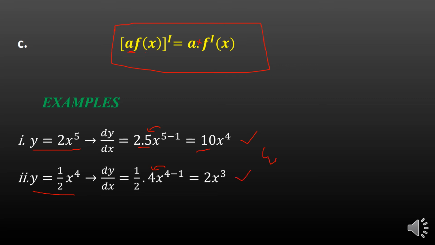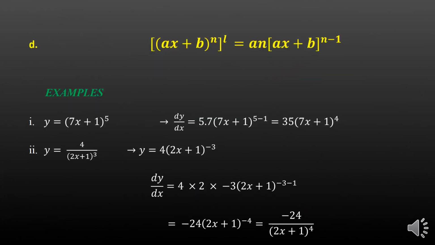So now we want to look at the last concept in the derivative of polynomials: differentiate our function (ax plus b) to the power n. We want to differentiate that kind of function. What are we doing there? We bring down n, and we differentiate the function of x inside our bracket.